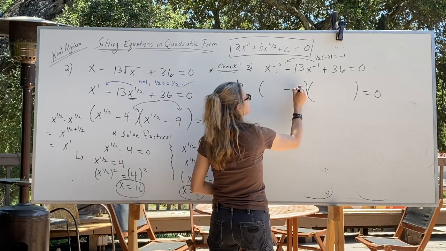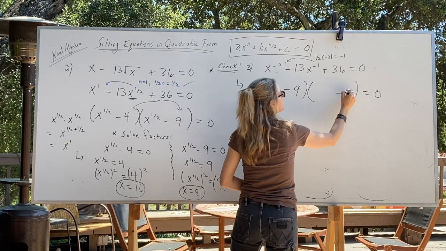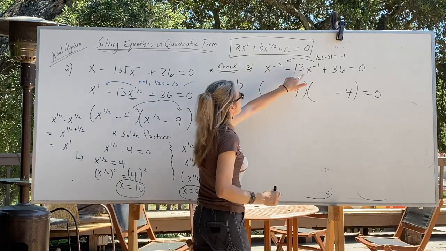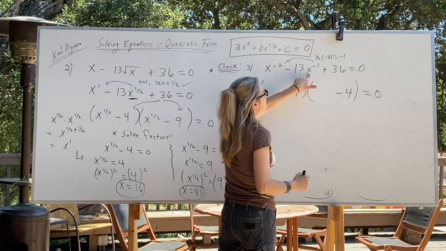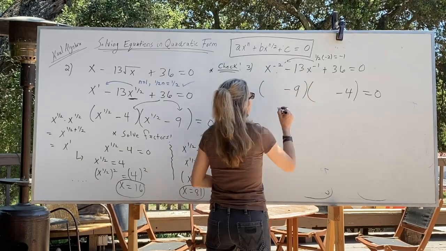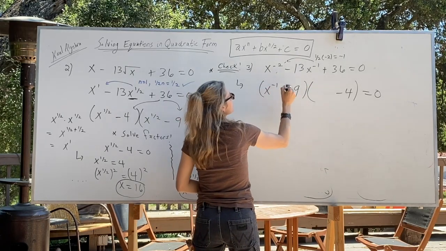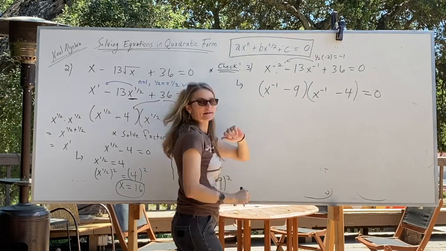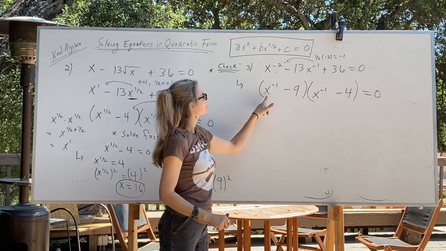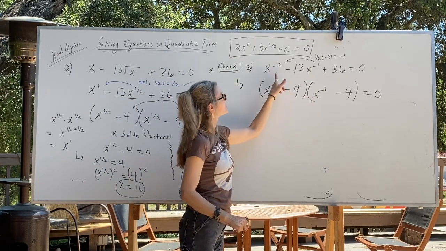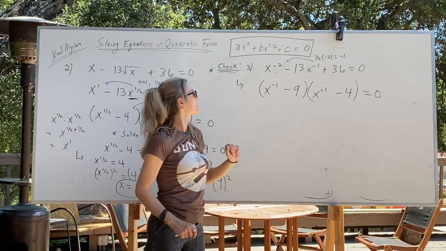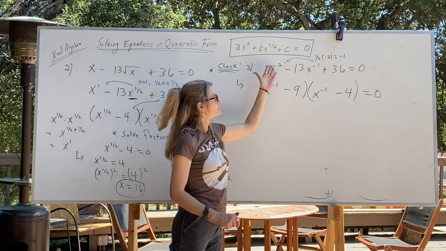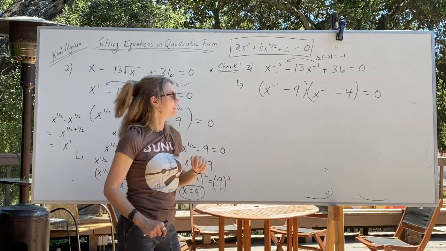So again, those numbers are minus 9, minus 4 in any order. And here, I want to use my middle term variable x with its exponent, and make sure that these two multiply to my leading term. So x to the minus 1 times x to the minus 1 do multiply out to create x to the minus 2. So that's how we factor this quadratic form equation.